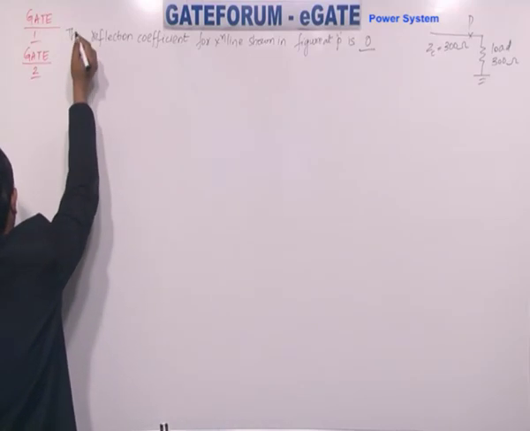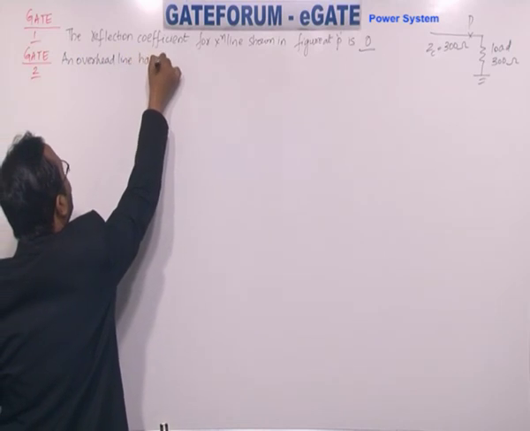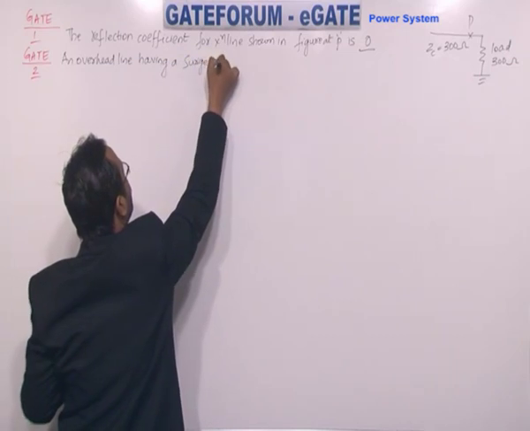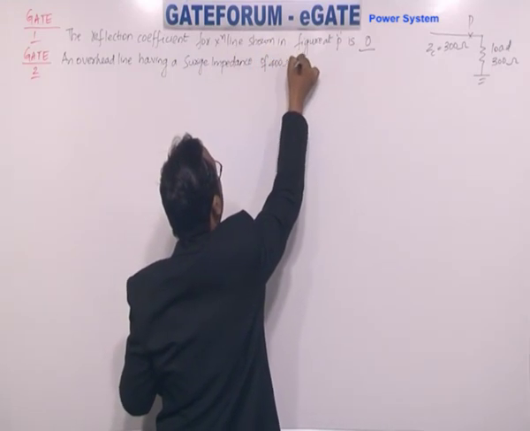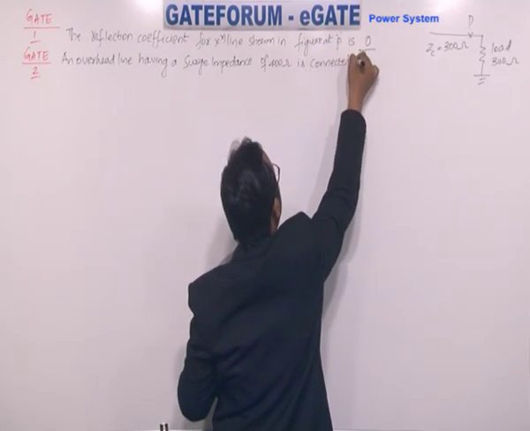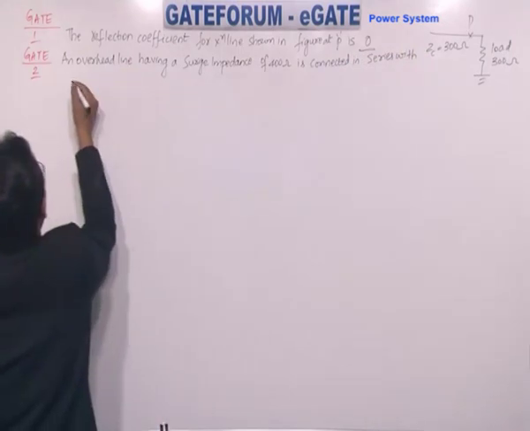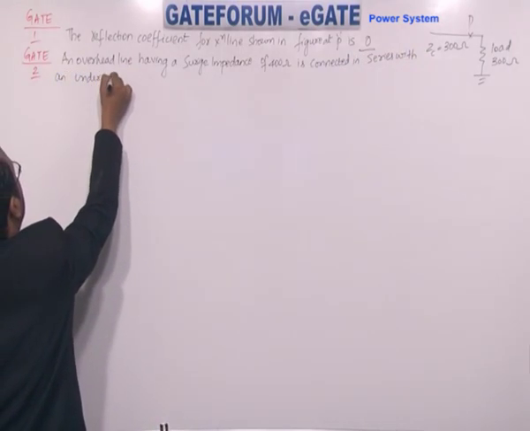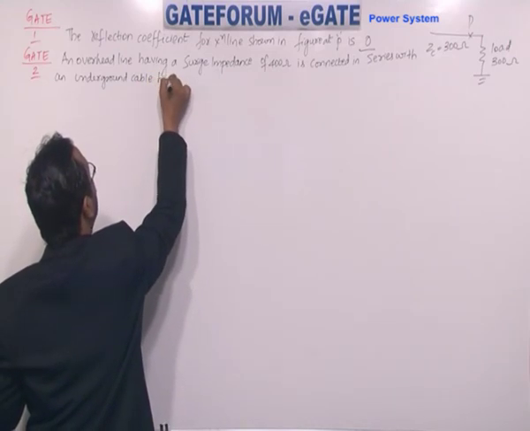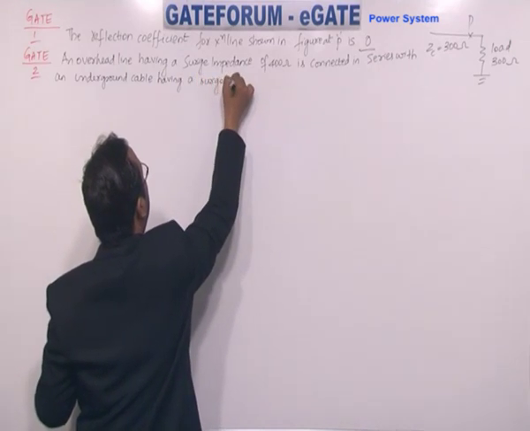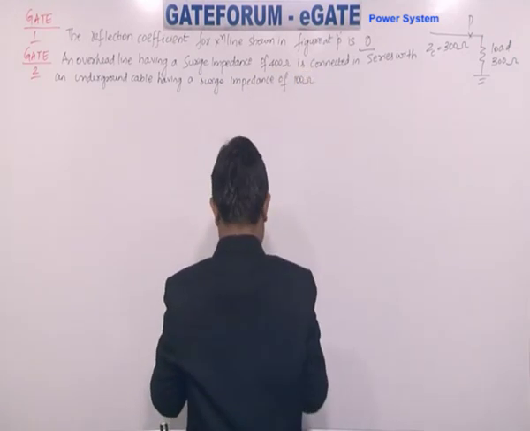Next question is from the GATE question paper. An overhead line having a surge impedance of 400 ohms is connected in series with an underground cable having a surge impedance of 100 ohms.